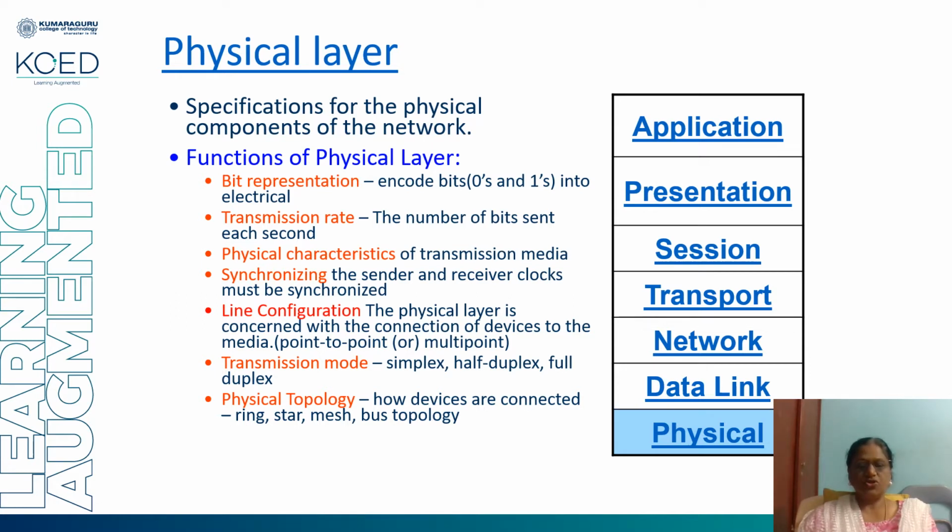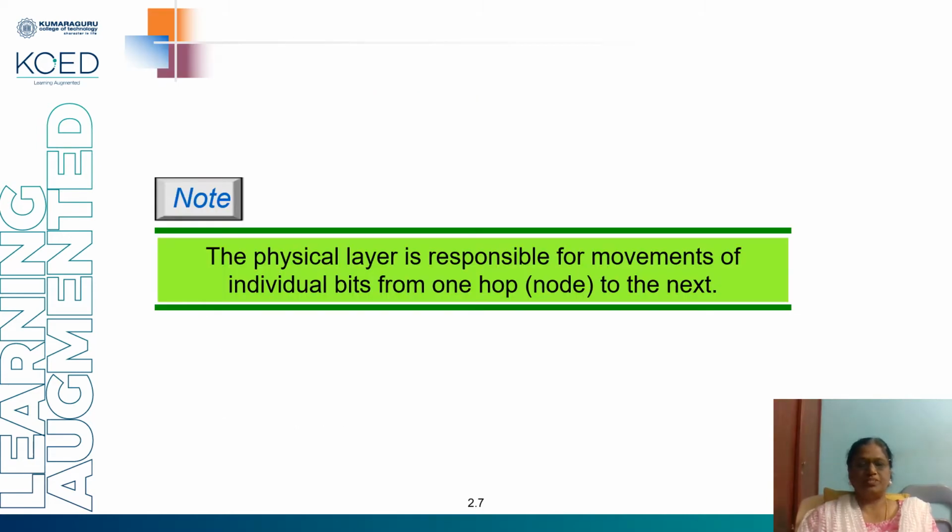We have also seen what is physical topology, how the devices are connected with each other. It could be either by bus, ring, star, mesh, or any hybrid topology, which could be a combination of different topology.